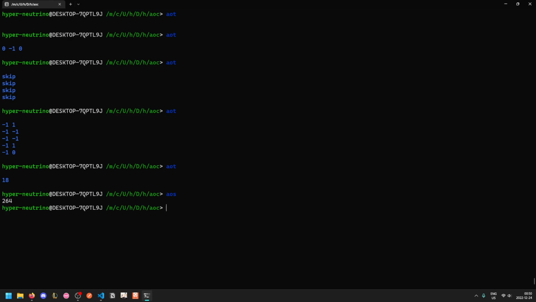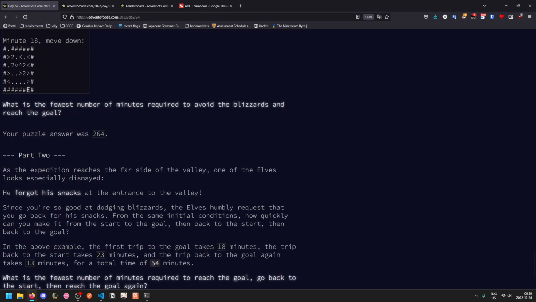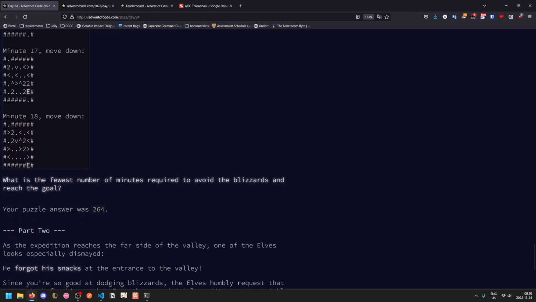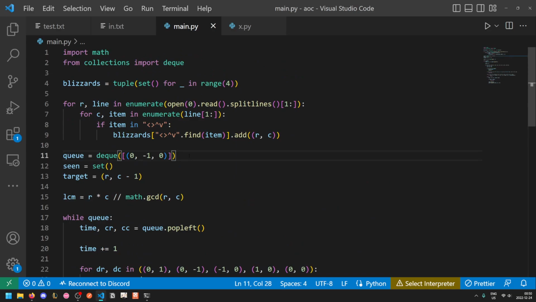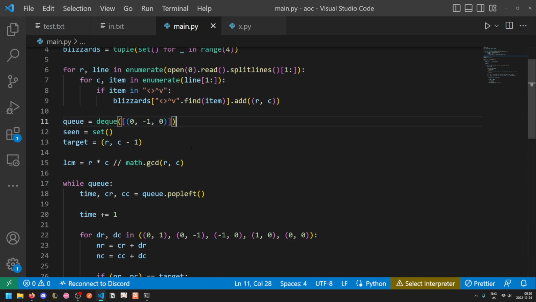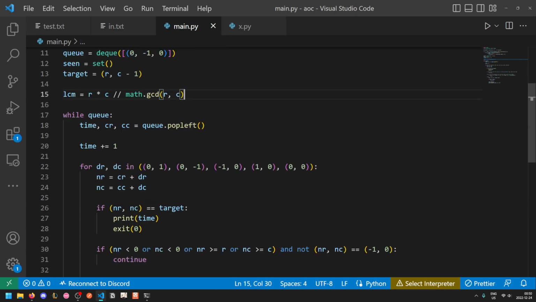And if we run this for a bit, it's a bit slow, but yeah. This gives us our puzzle answer of 264. So just to revisit this a bit, because the next part is quite straightforward, the first optimization we make is that we can only consider states that differ by something that isn't a multiple of the LCM.